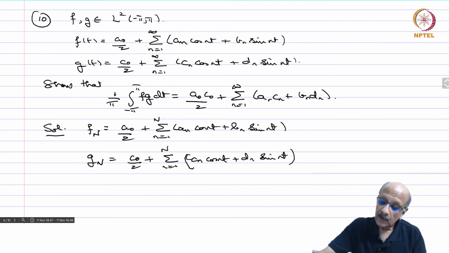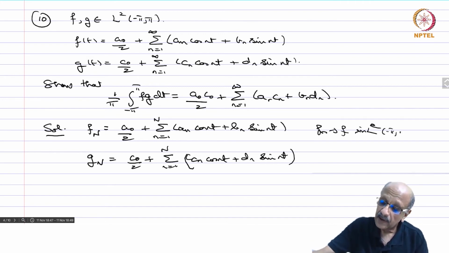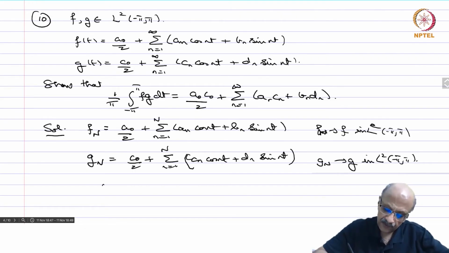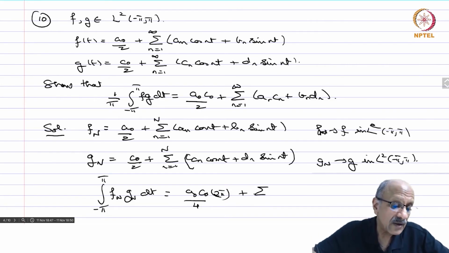Then f capital N converges to f in L2 minus pi pi, and g capital N converges to g in L2 minus pi pi. And if you compute integral minus pi to pi f N g N dt, this is equal to a naught c naught by 4 into 2 pi, plus sigma n equals 1 to N. You can just directly calculate this.